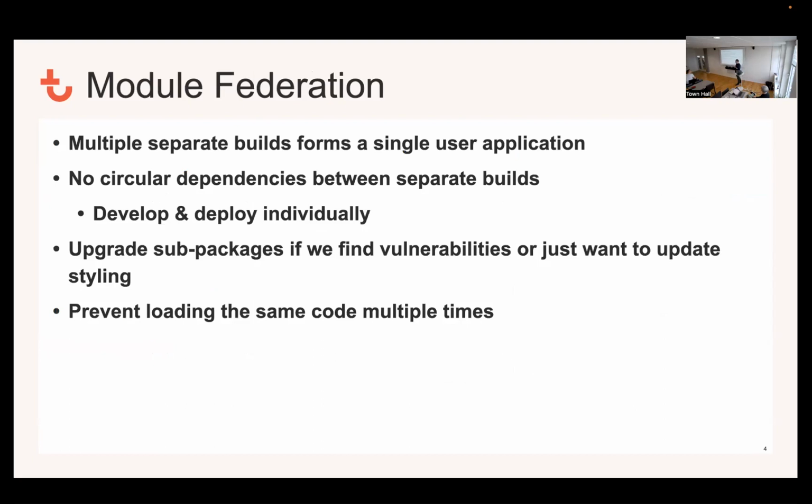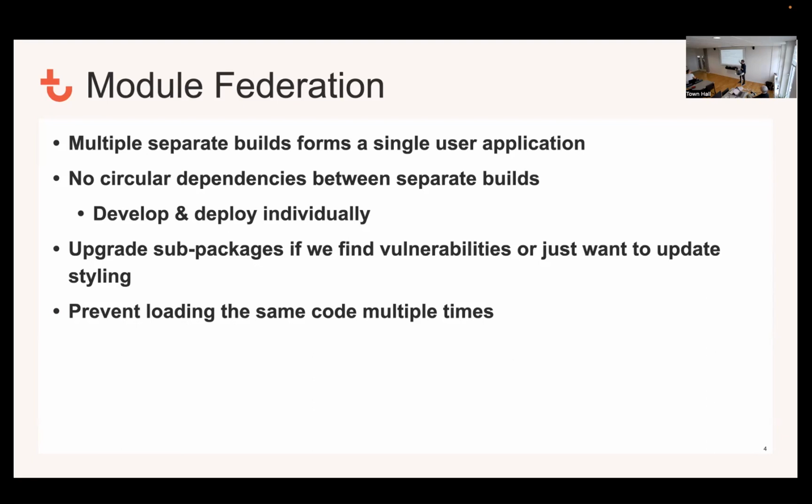And to get around this challenge, we're using Webpack's module federation, which allows us to have separate builds that together can form a single application. But in order to do that, we cannot have any circular dependencies. So we cannot have a tabbed component that needs the button and the button needs the tabbed, because how can you then deploy independently?